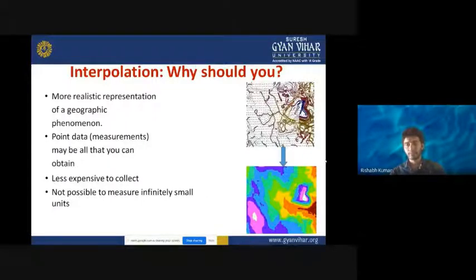At different points in different locations they have different values. It is not the case that they exist only at one point and in between there is no temperature or no elevation. These are distributed spatially and continuously. This is continuous data, right?